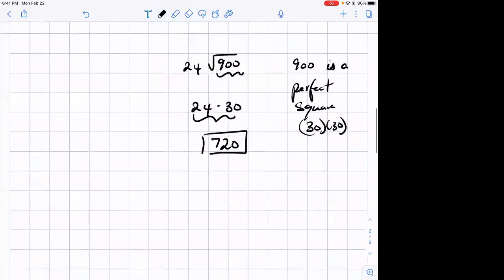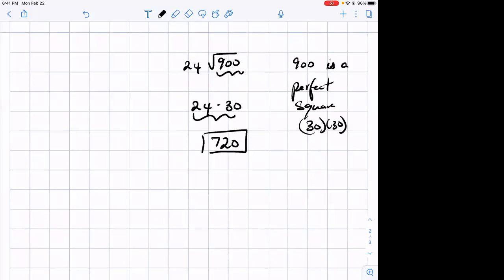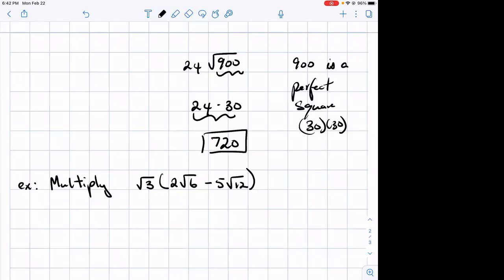Let's look at a different example where we have to use the distributive property. Say we multiply root 3 times 2 root 6 minus 5 root 12.